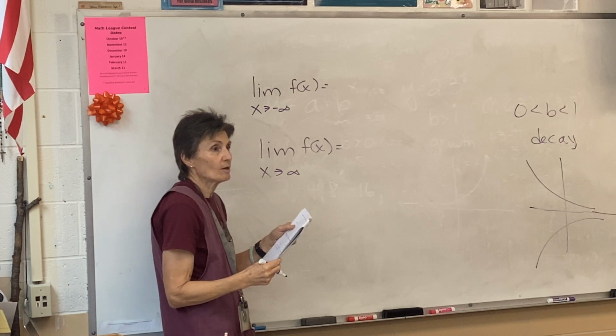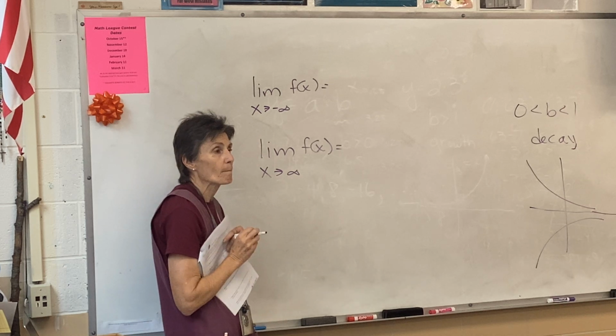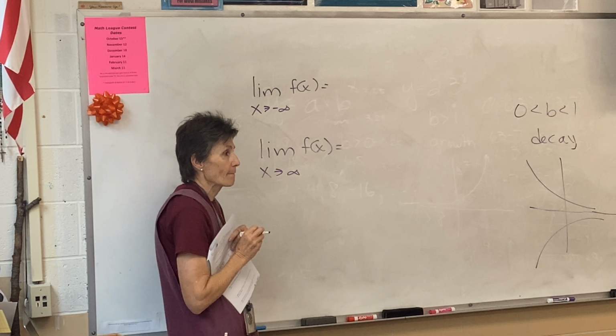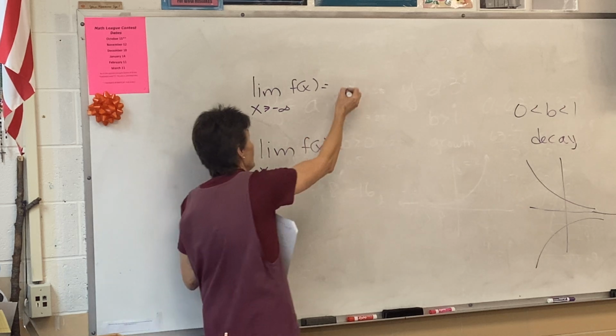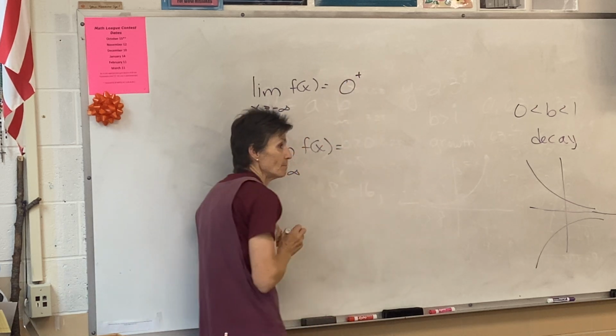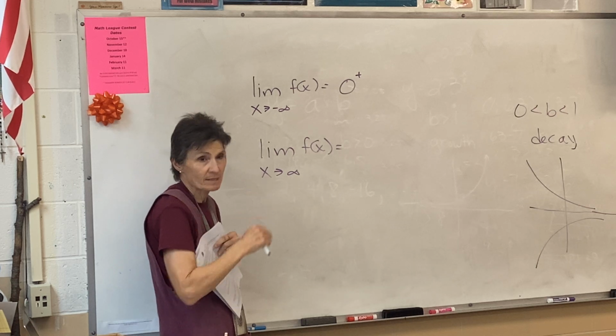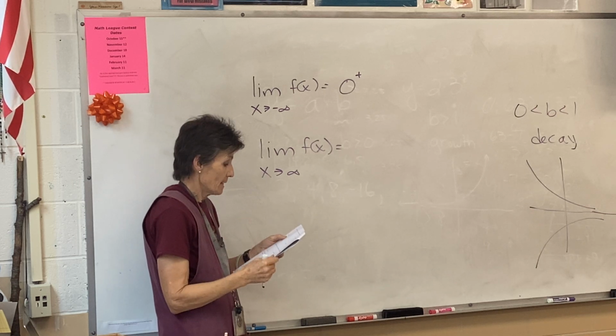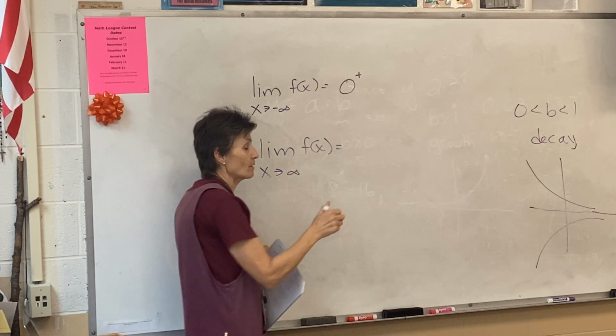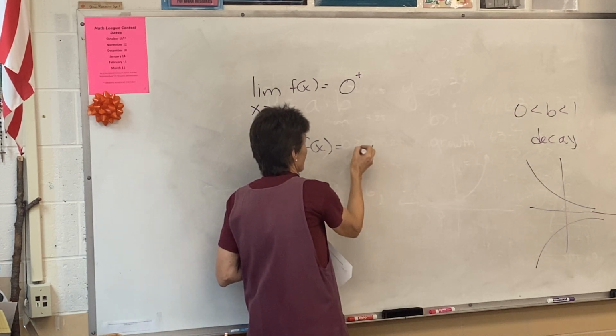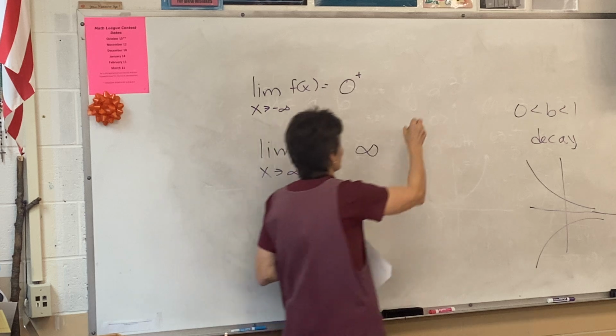So what do you think on the left? 0, and I'm going to go ahead and say from the top, because that is coming in from the top. That's on top of the asymptote. And how about the right? What's happening on the right? Positive infinity. Yep.